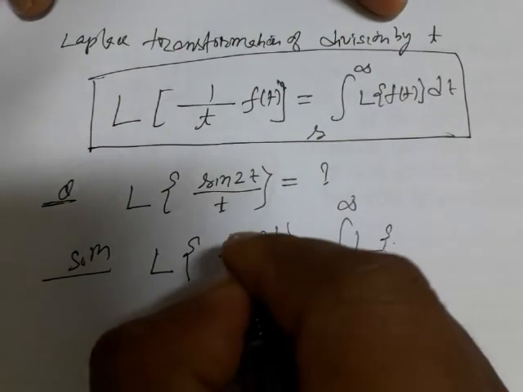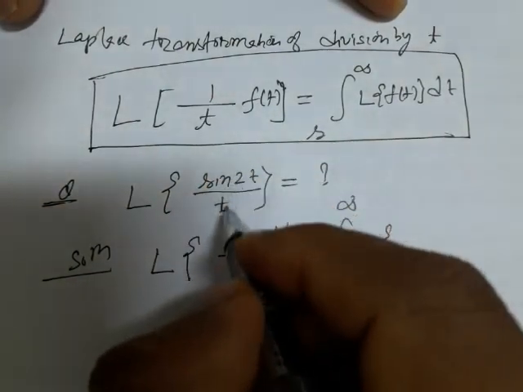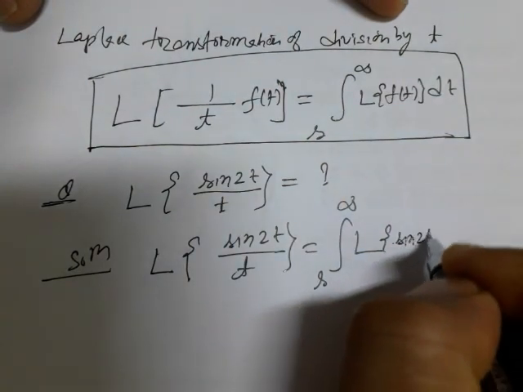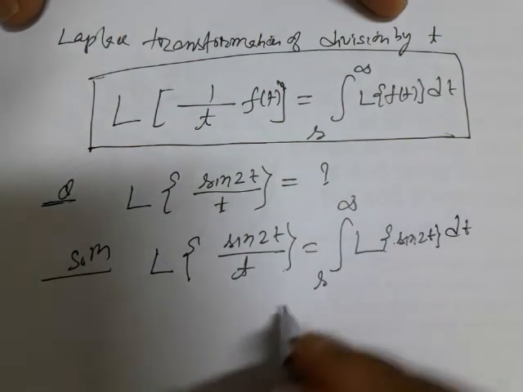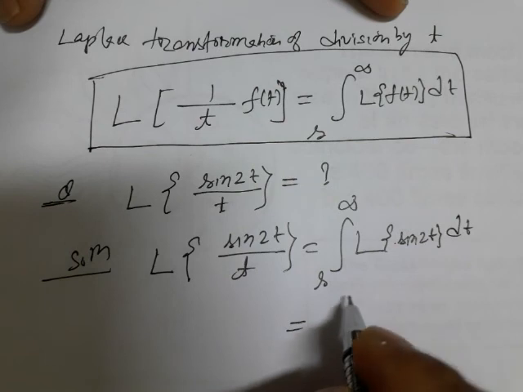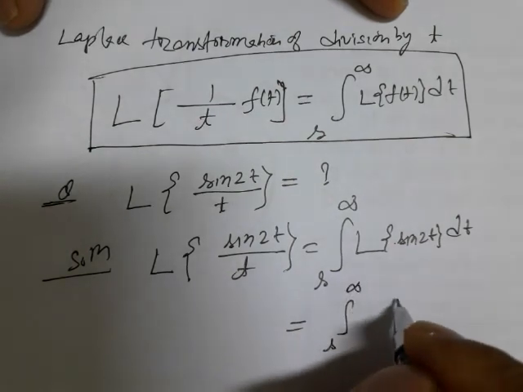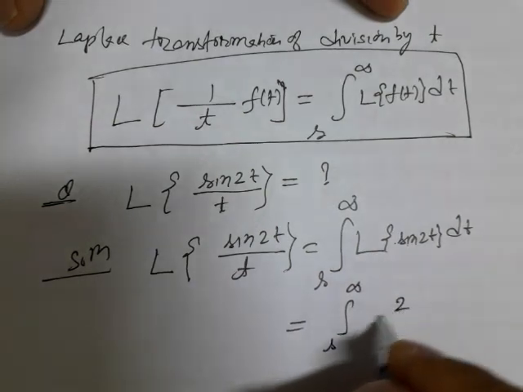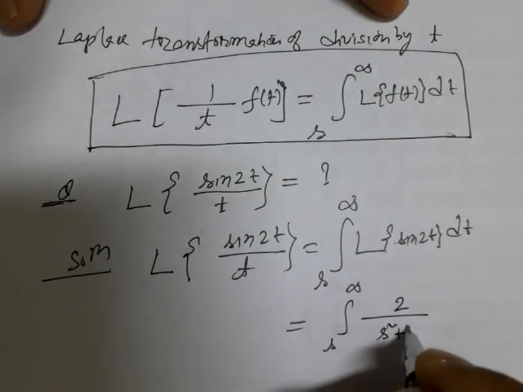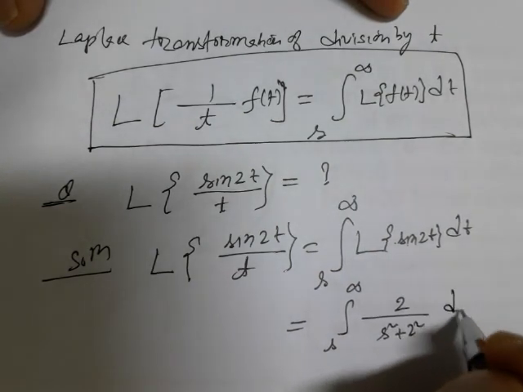This sine twice t is f of t, so sine twice t dt. Okay, so what will be this? Integral from s to infinity, it will be 2 by s square plus 2 square ds.